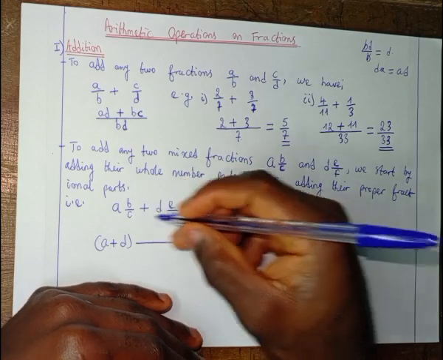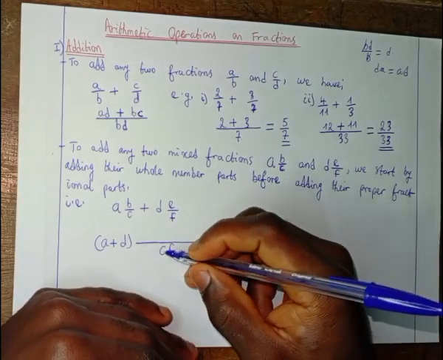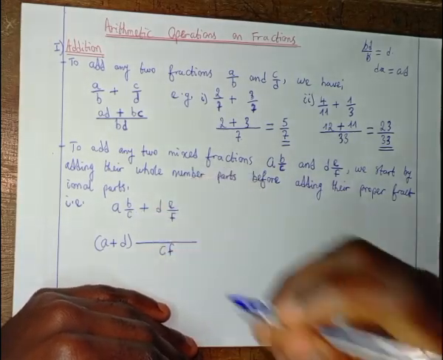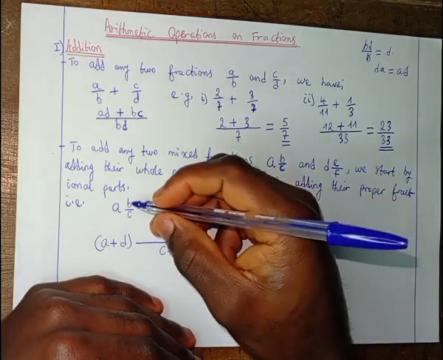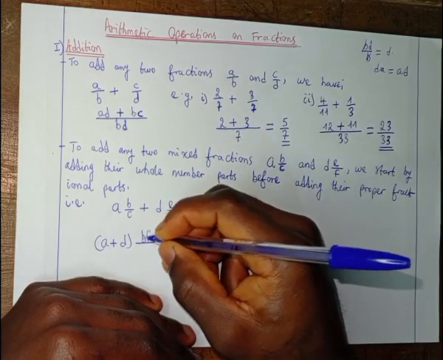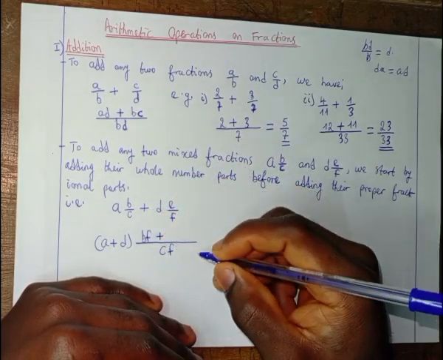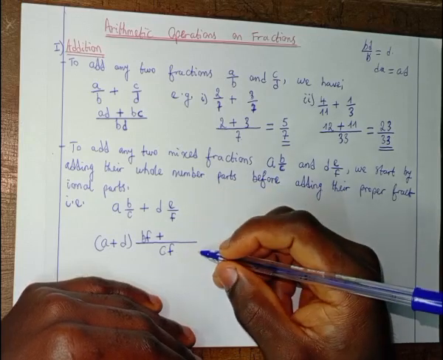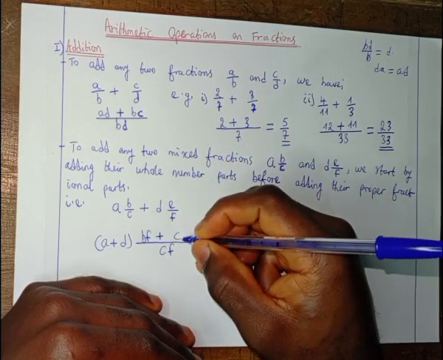We are simply going to take c times f, gives us cf. cf divided by c gives us f. We are going to multiply by the numerator, which is b. f times b gives us bf. Bring down the operation sign, which is addition. cf divided by f gives us c. c times e gives us ce.